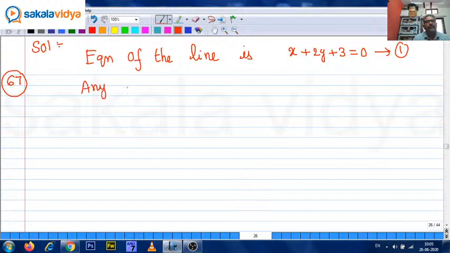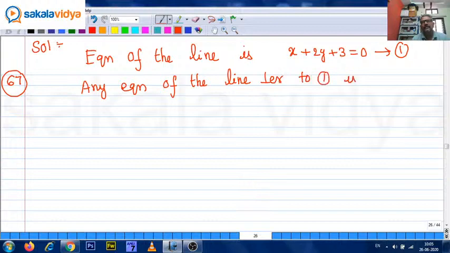Any equation of the line perpendicular to 1 is, here see, you need to interchange the x and y coefficients and change the sign of one. You get like this, 2x minus y plus k equals 0, as we do not know the constant. Say this is equation 2.